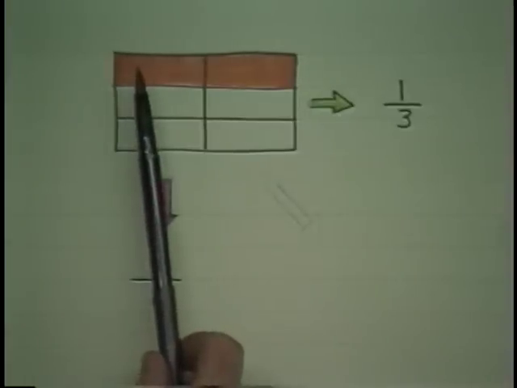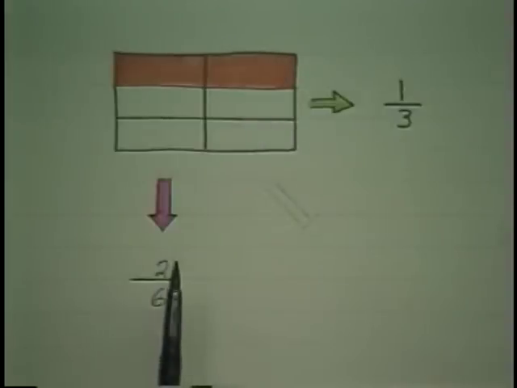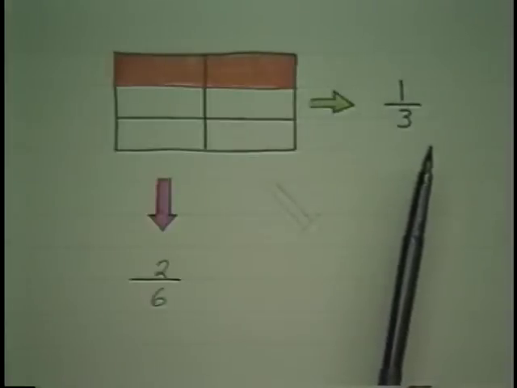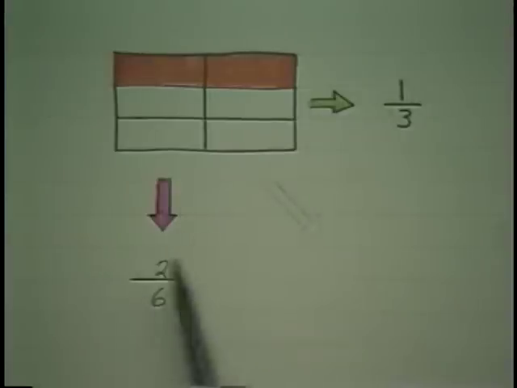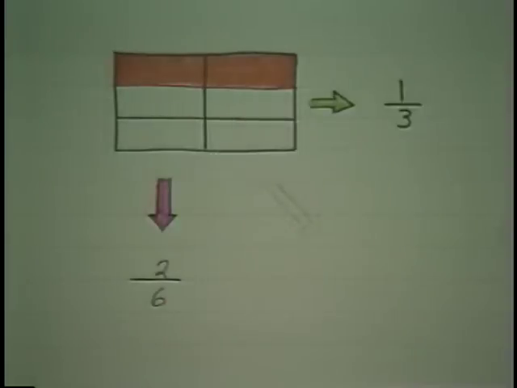But it's still the same shaded portion. So it must be that the number 2/6 and the number 1/3 are really the same number, although they certainly look different. But we could subdivide this whole innumerable different ways.